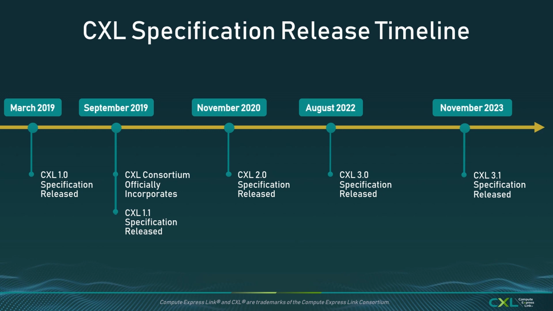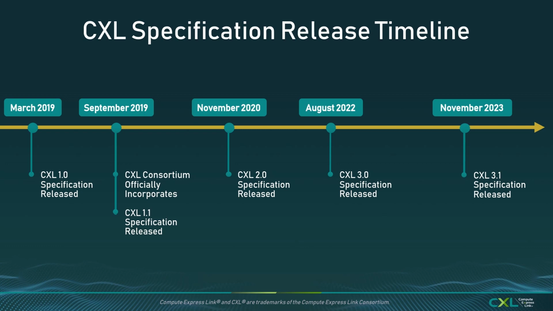Quick look at where we have. I talked about the expansion, but if you look at it from a CXL specification perspective, the 1.0 spec was released in March 2019. Then in September there was a revision to that. The consortium was officially incorporated. There was a CXL 1.1 specification that was released based on initial feedback.